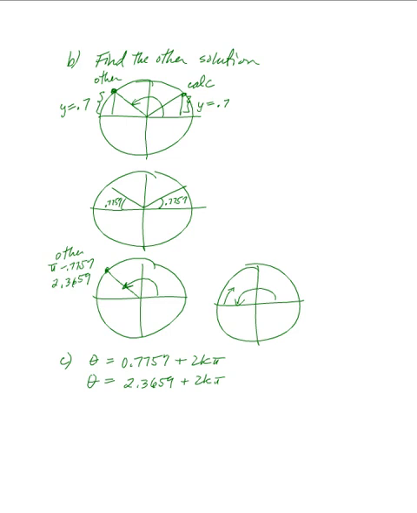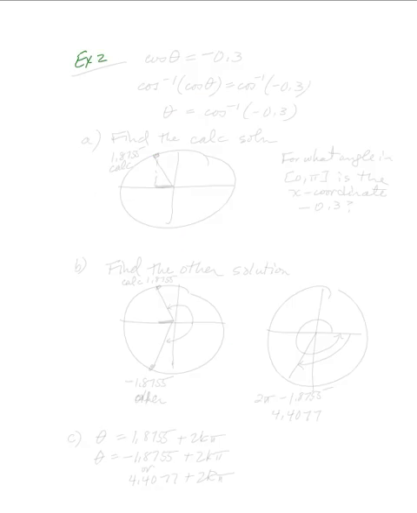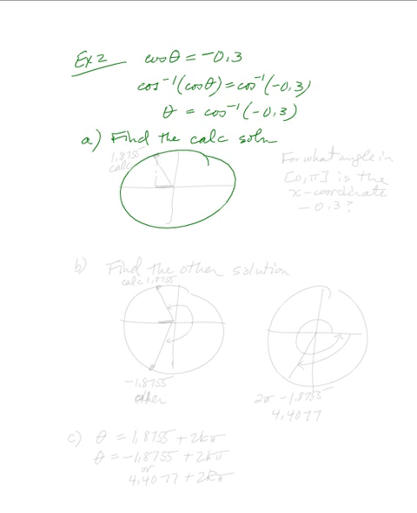Let's move on to the second example. That's cosine of an angle, theta, equal to negative 0.3. Again, theoretically, you take the inverse cosine of both sides, so you're looking for the inverse cosine of negative 0.3. When you are looking for the calculator solution, again, remember what you're asking for.